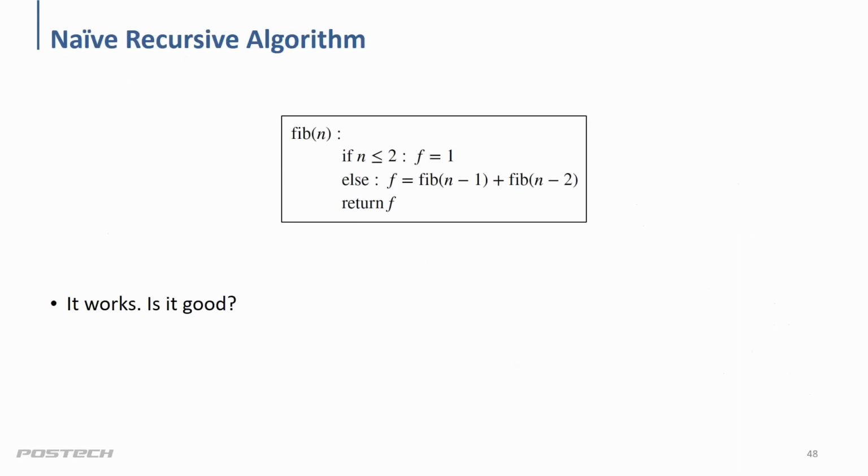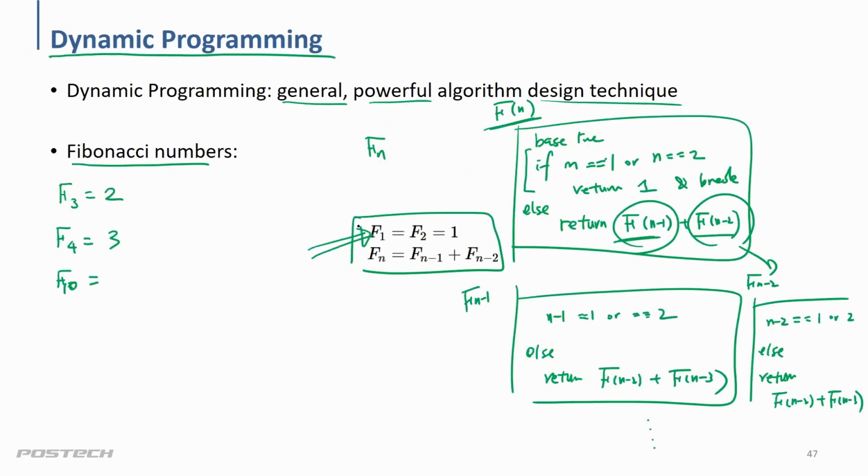Let's think about how to compute the Fibonacci numbers in a recursive way. I will call it naive because I'm going to improve it later on. When n is 1 or 2, I'm going to return f equal to 1, because that's what the first equation is telling us.